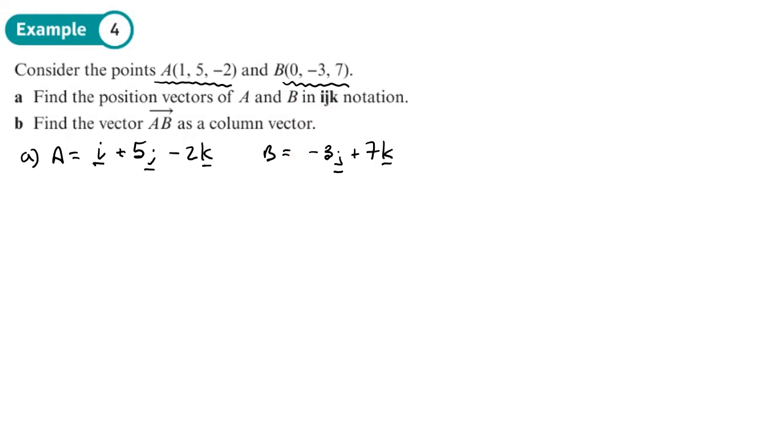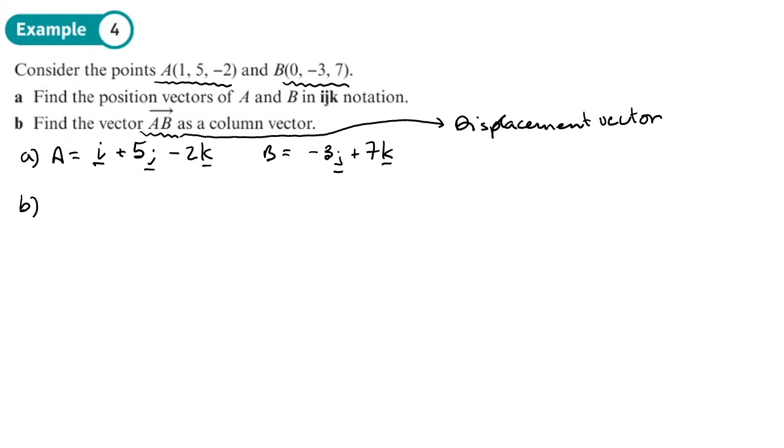And part B, find the vector AB as a column vector. So what we're finding here, A to B, this is a displacement vector. This question is asking, what's the vector that takes you from A to B? Now there's a couple of ways of doing this.